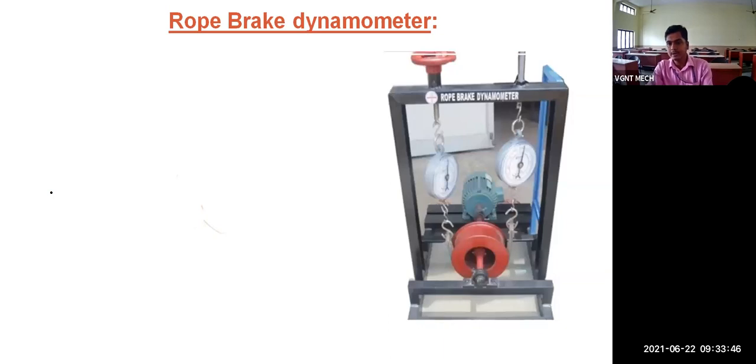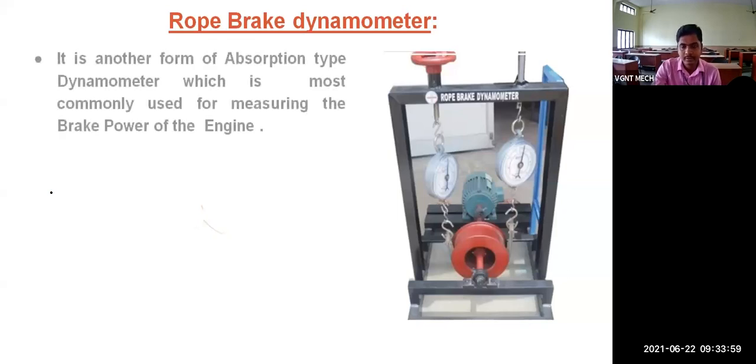Okay, so this is how a rope brake dynamometer looks. This dynamometer is there in our lab. When you come to college, I will show you this type of dynamometer in the lab. Now we will see some theory part.